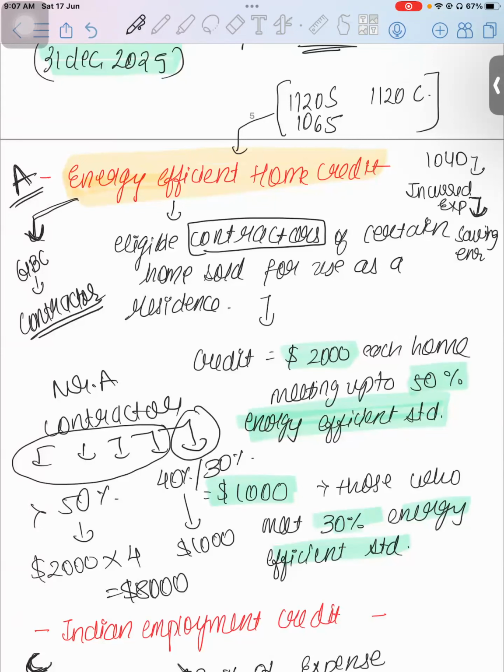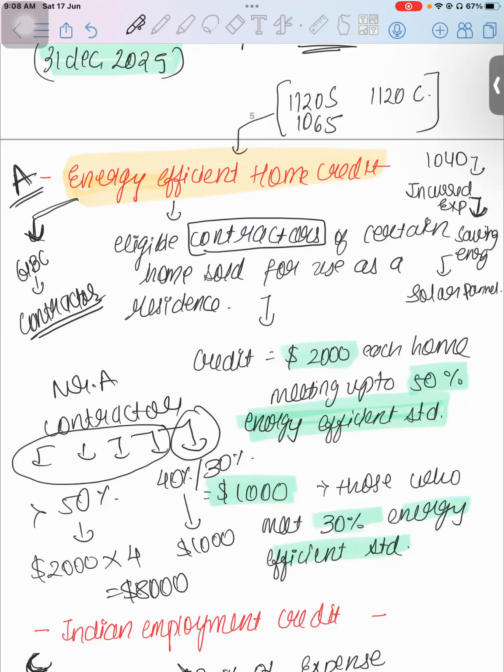Saving energy means he has used some efficient ways to reduce the electricity expense, like installing a solar panel, or purchasing some appliances which will not utilize electricity, like a solar cooker. I'm not sure what solar equipment they can take.